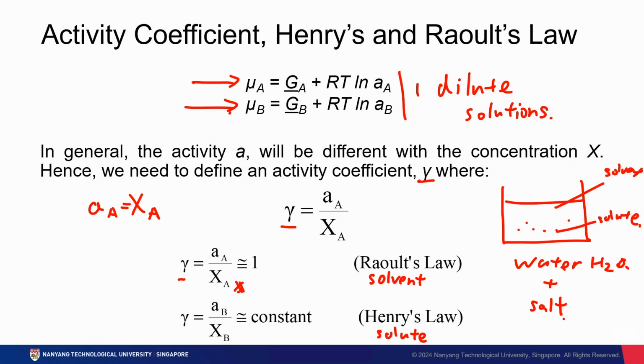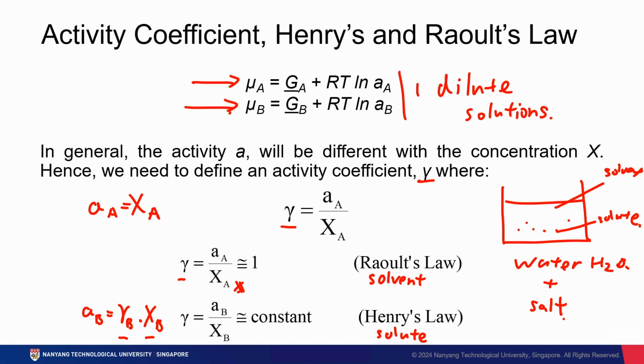What Henry really stated is that the activity of B is equal to the activity coefficient of B multiplied by the mole fraction of B. Essentially, all we have to do is figure out what the activity coefficient of B is, multiply that by how much B is within a mixture, and we will be able to get the activity of B.